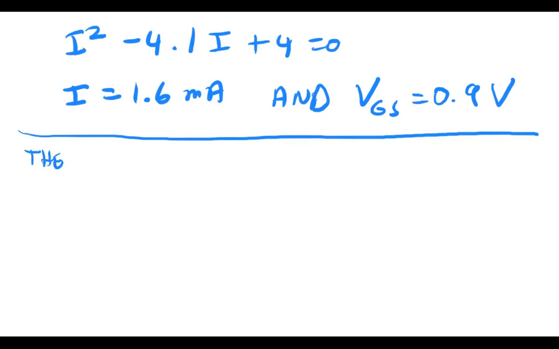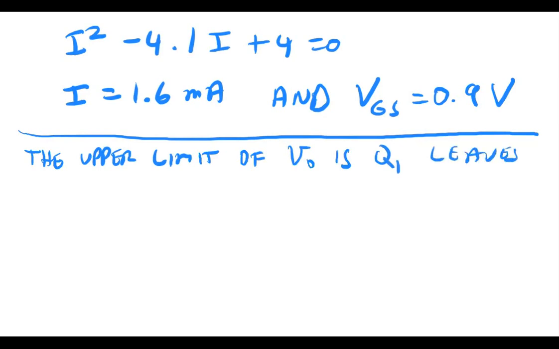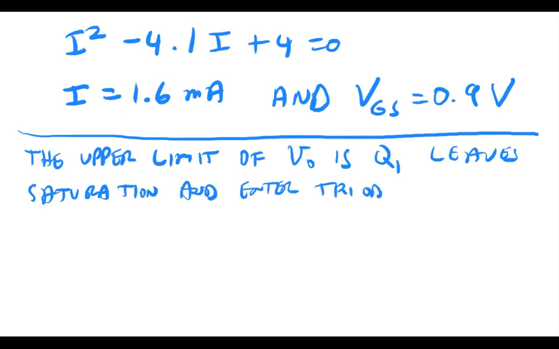The upper limit of the output voltage is going to be when Q1 leaves saturation and enters triode, which is the equation we use, okay?